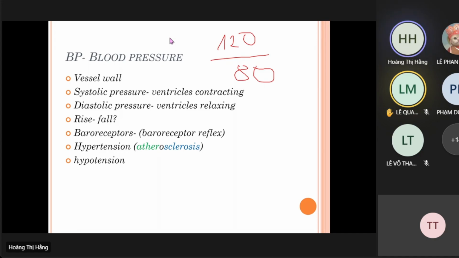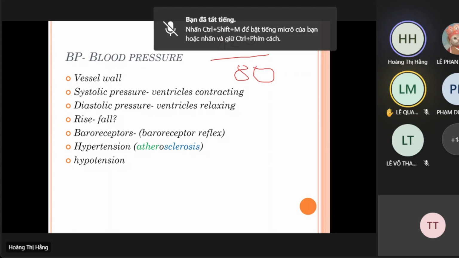And the lower number, 80 or 70, is called diastolic pressure. And the number is taken when the ventricles are relaxing. The ventricles contracting, systolic. The ventricles relaxing, diastolic. You get it? Được chưa?